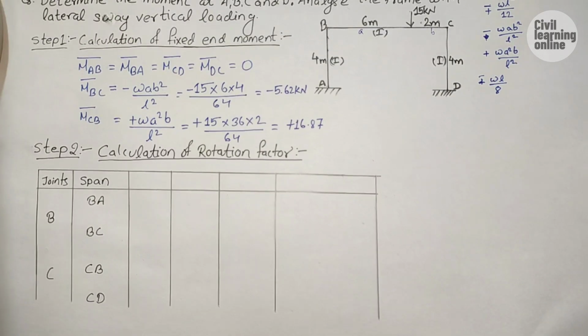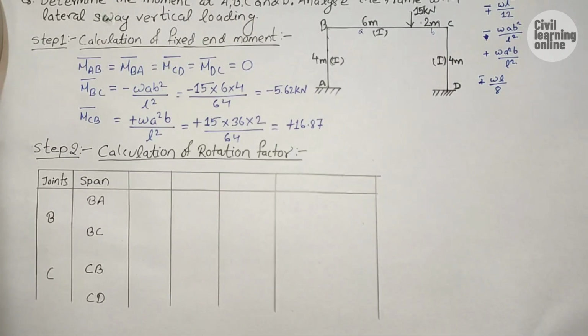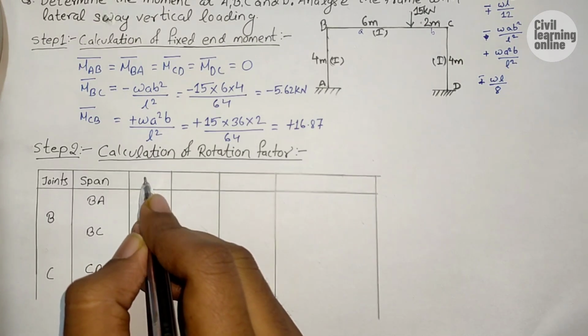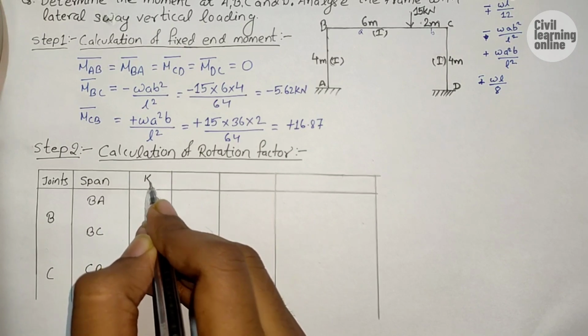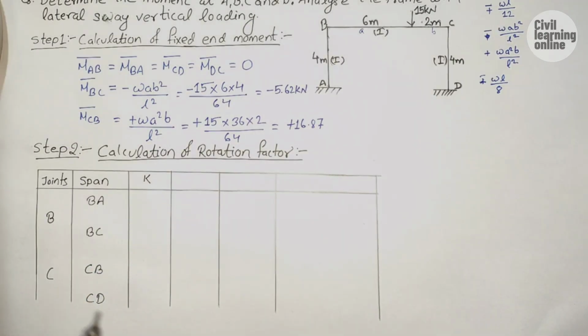Now see here guys, we have the moment of inertia which is uniform for each and every span. So in the next step we will be calculating the stiffness factor, which is represented by K. And guys, there are formulas for finding the stiffness factor.